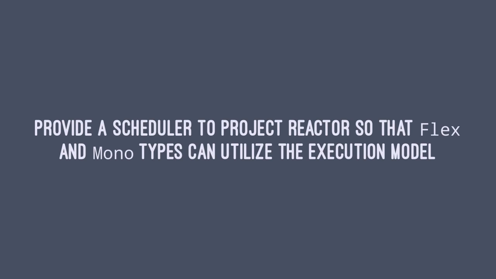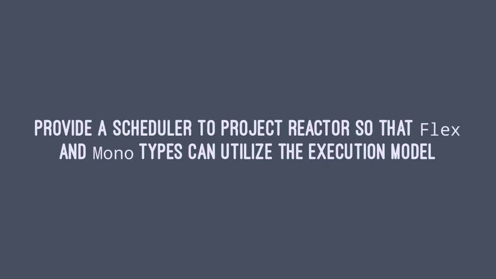Underneath Spring 5 sits Project Reactor, right? Which is a fantastic, just wonderful reactive programming library that's been done by the Pivotal folks. This effectively has two types that represent the way that your reactive data will be returned: a Flux, which is multiple objects coming back to you in your stream, or a Mono.